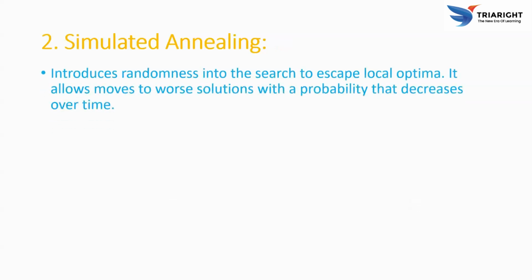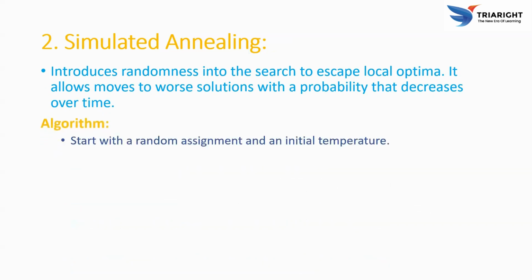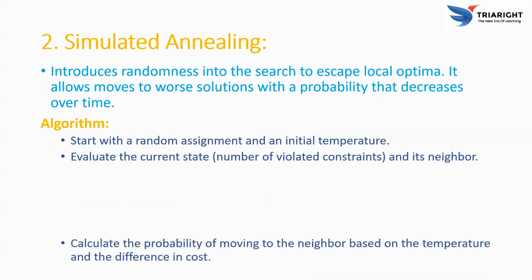So now we come to simulated annealing. It introduces randomness into the search to escape local optima. It allows moves toward worse solutions with a probability that decreases over time. So here we have the algorithm. Start with a random assignment and an initial temperature. Evaluate the current state, the number of violated constraints, and its neighbors.